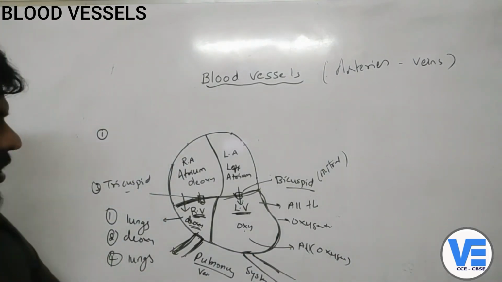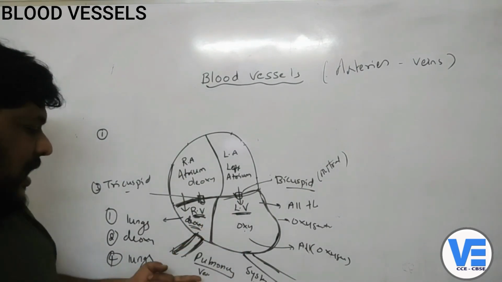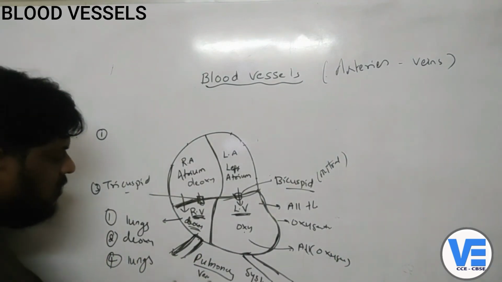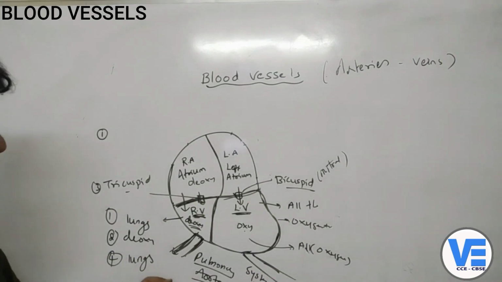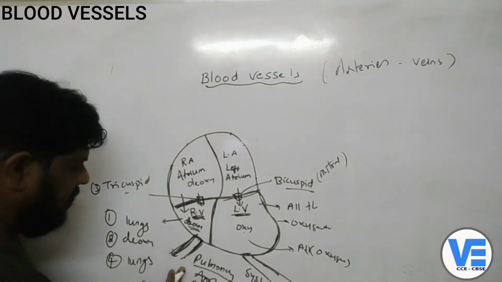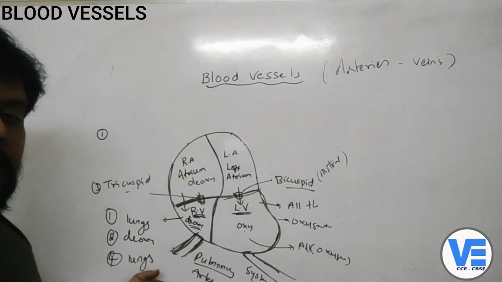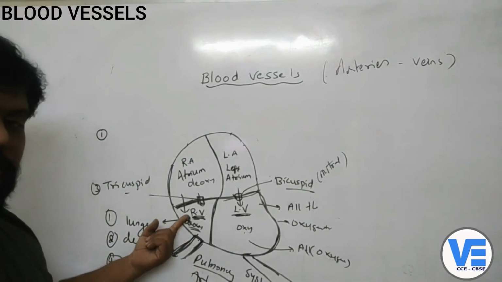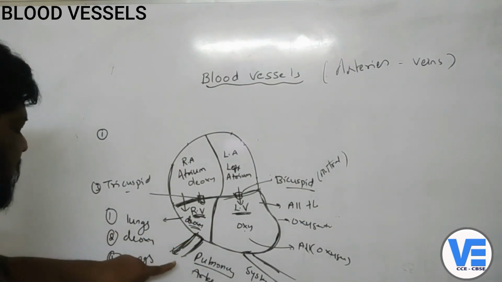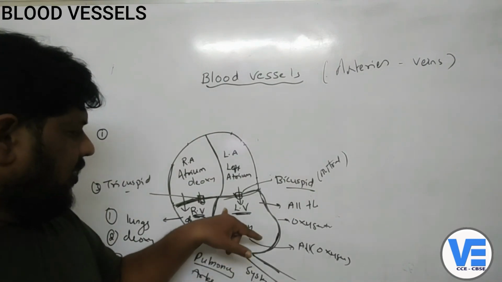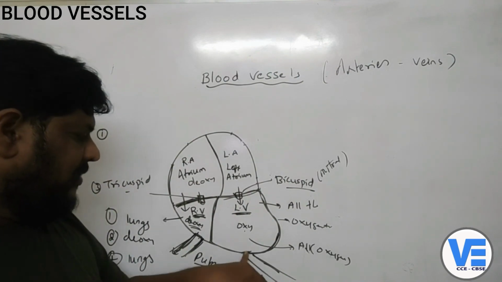So the systemic aorta takes the origin from the left ventricle, and the pulmonary artery takes its origin from the right ventricle, and that means it starts from the right ventricle and supplies the blood to the lungs. But whereas here, in the left ventricle, the systemic aorta will take the origin and will supply the blood to all parts of the body.